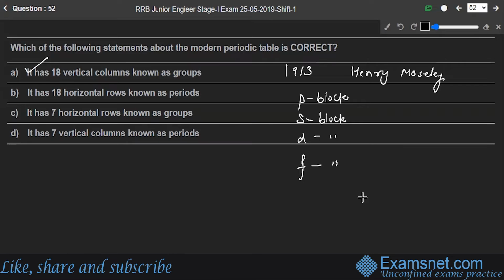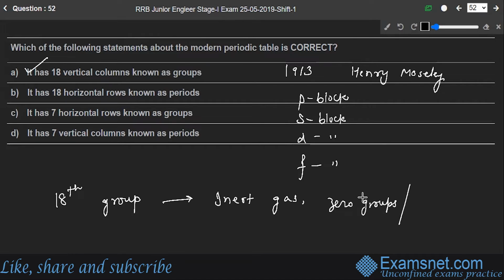The P block elements include halogens, inert gases, etc. The 18th group is also known as inert gas or zero group or non-reactive group, because they don't participate in any reaction.